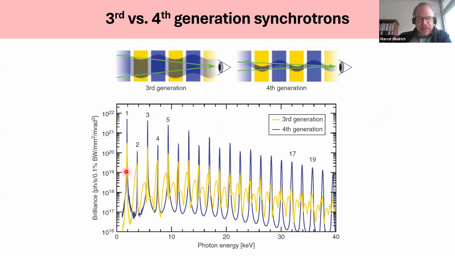Just as a recap, undulator radiation is quite narrow band. It comes in these sharp peaks in the photon energy spectrum. And the peak labeled number 1, that's what we call the fundamental or the first harmonic, which is such a sharp emission peak.